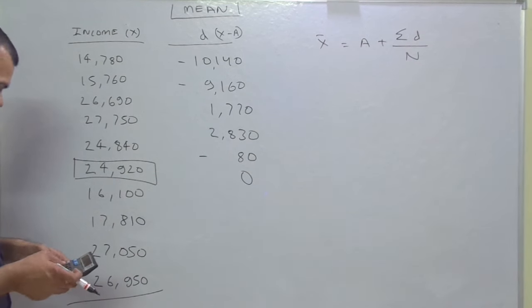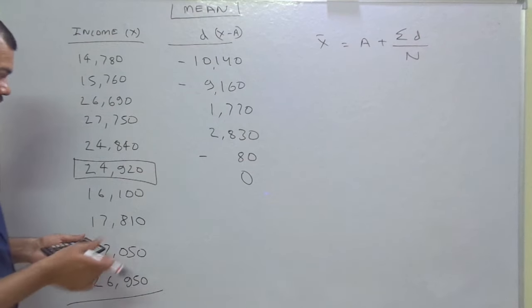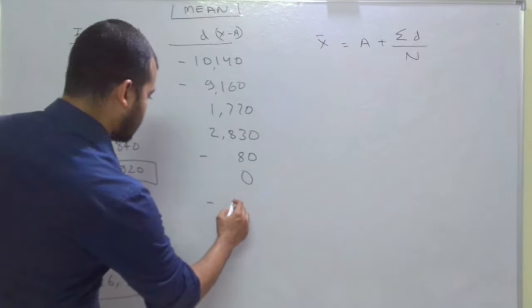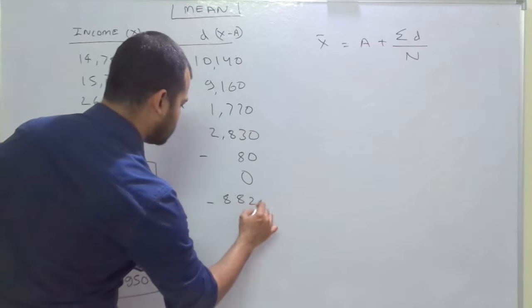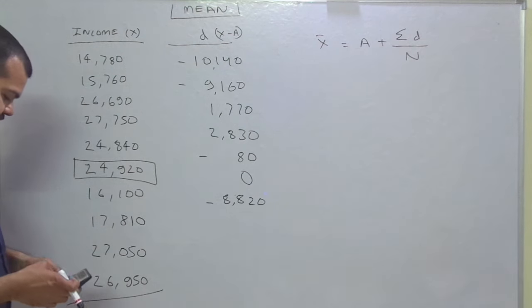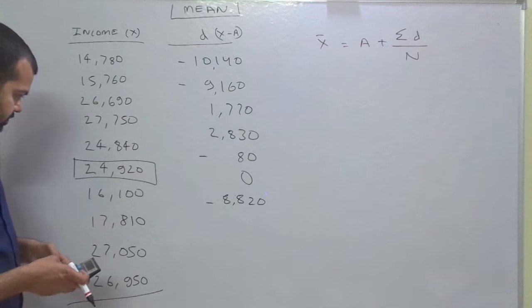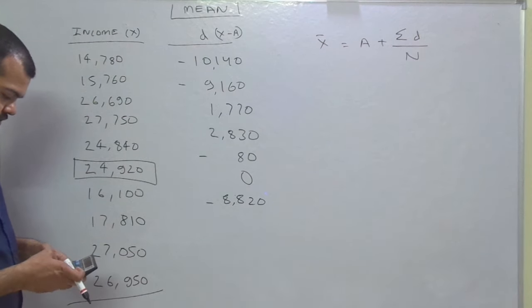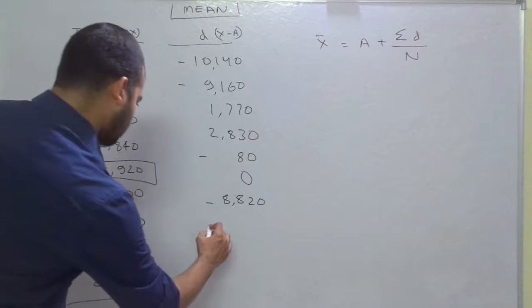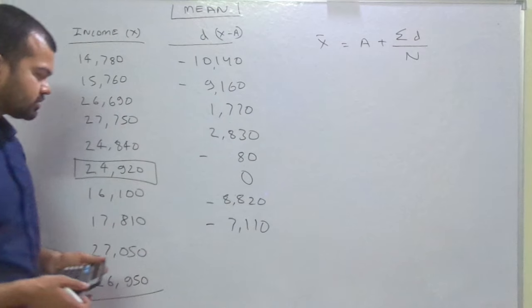Now 16100 minus 24920 is minus 8820. For this figure, 17110 minus 24920 comes out as minus 7110.